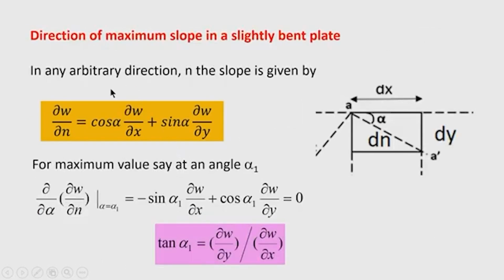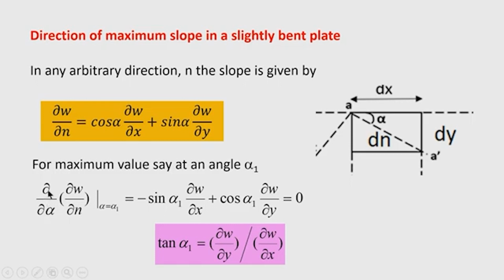Now, let us find the direction of maximum slope in a slightly bent plate. In any arbitrary direction, say the n direction, the slope is given by ∂w/∂n equals cos α ∂w/∂x plus sin α ∂w/∂y. For the maximum value of slope, we differentiate this quantity with respect to alpha, and say this alpha is α1.